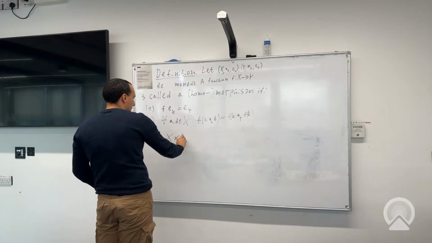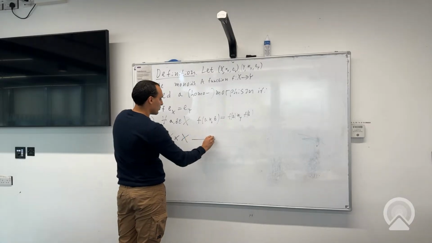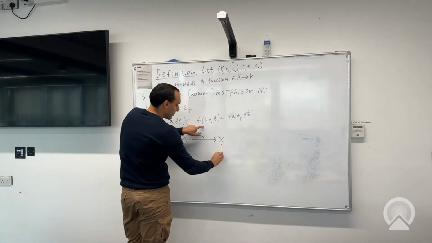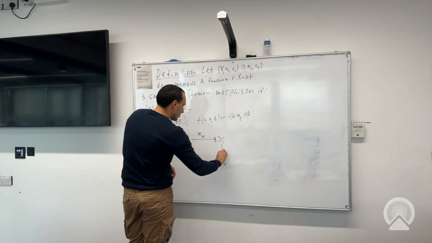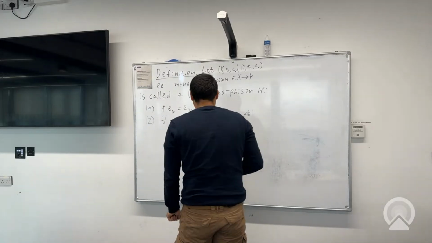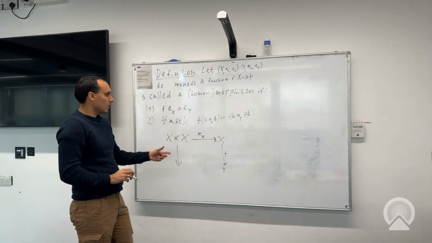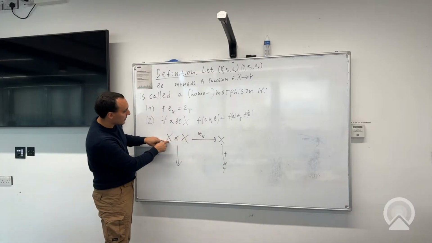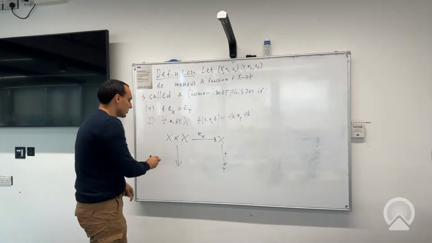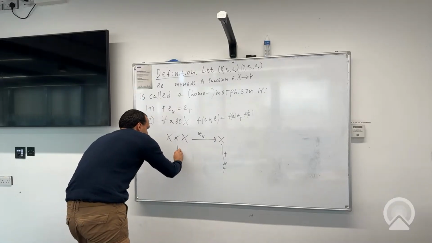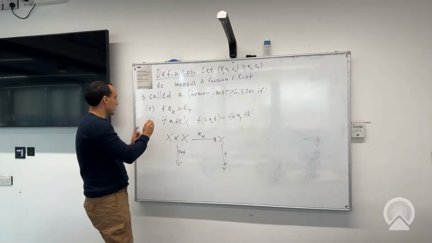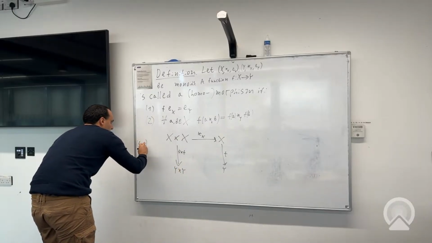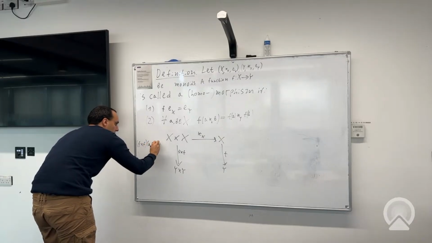We start with a pair, and in one direction we first take multiplication and arrive at some value in X, and then we take f and go to Y. In the other direction, we map the first element to Y and the second to Y. So we take the so-called product f times f, where f times f of (a, b) is the pair f of a, f of b.